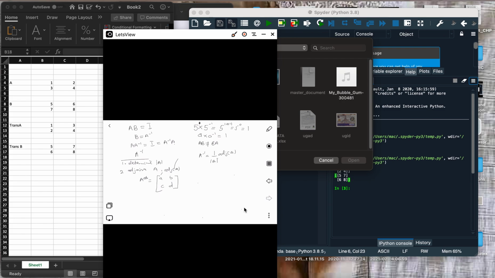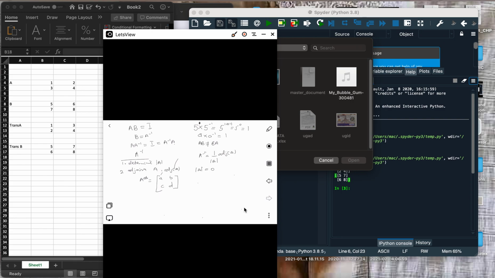If the determinant is equal to 0, then A inverse is equal to 1 over 0, and 1 over 0 is undefined. So we're going to have undefined times another matrix, and that will make it undefined. Our inverse will not exist.